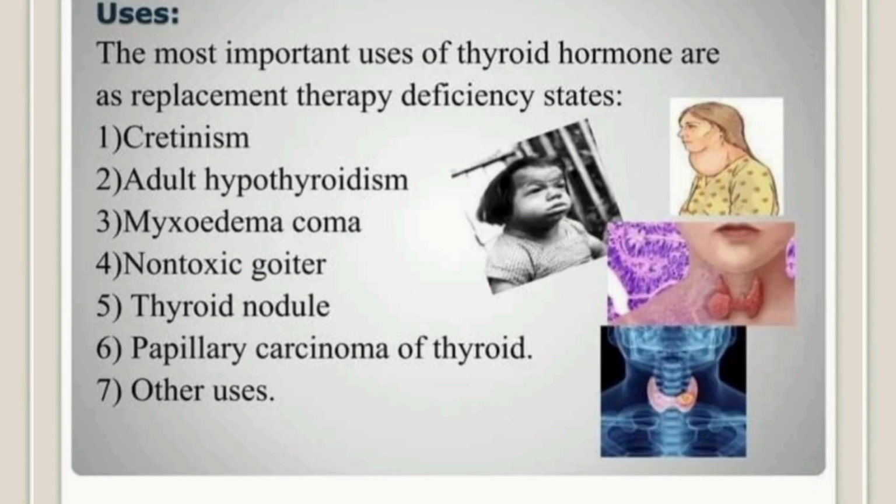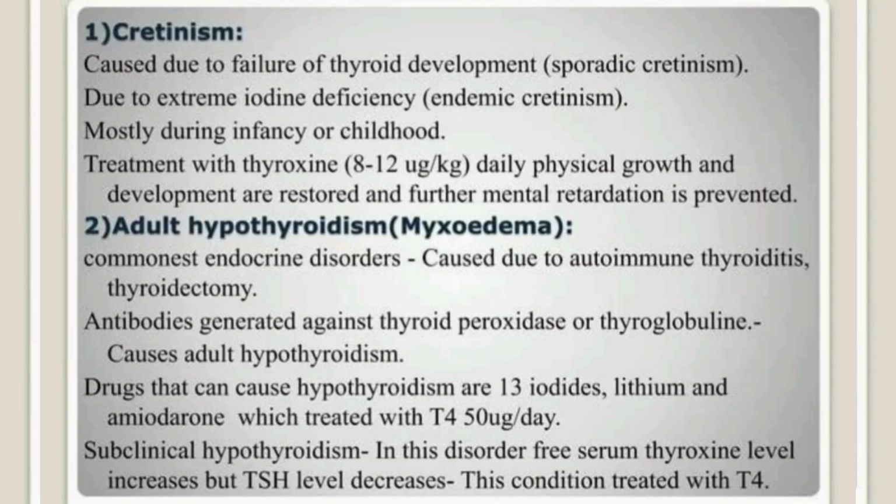Uses: the most important uses of thyroid hormone are as replacement therapy in deficiency states, that is in cretinism, adult hypothyroidism, myxoedema coma, non-toxic goiter, thyroid nodule, papillary carcinoma of thyroid, and there are some other uses also. Cretinism.